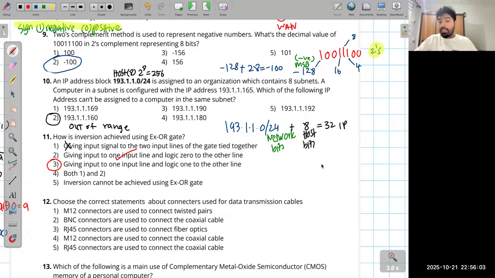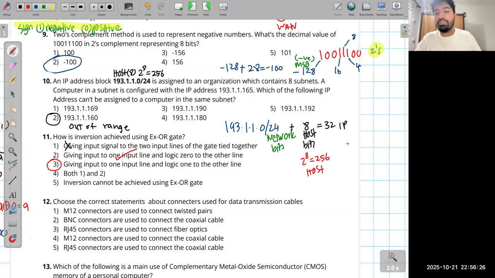How many hosts are there? 2 to the power 8 is 256 hosts. Now, do you agree with the basics? So if 24 is network bits, obviously the balance is the host bits. 32 total, minus 24, gives 8, so 256.